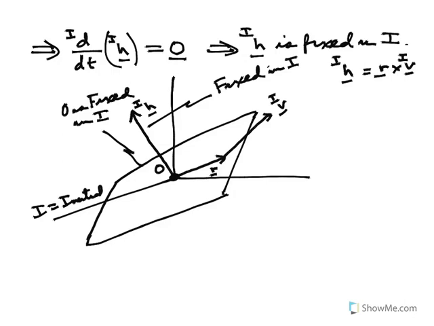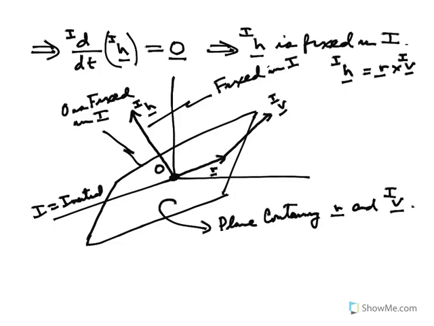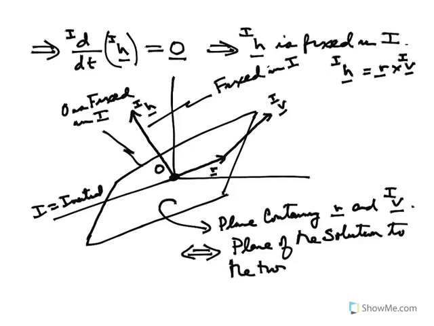So this plane is not just any plane, but it's the plane containing R and V_I. And of course, the plane that contains R and V_I is the plane in which the solution lies, because the solution of this problem is to compute R. So that is equivalently what I call the plane of the solution to the two-body differential equation.